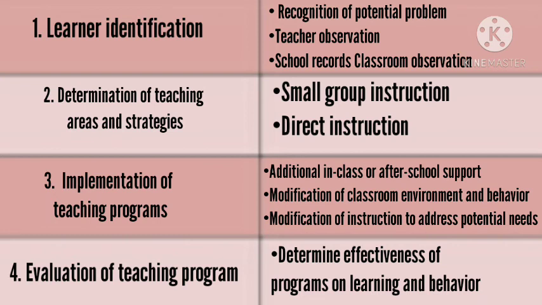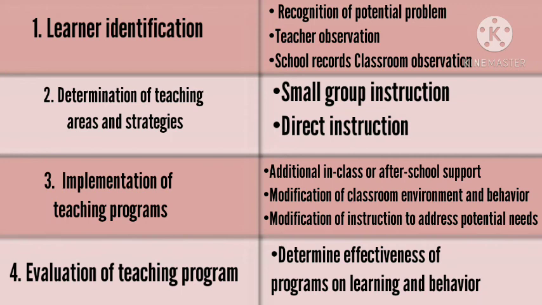And now you are going to have the implementation of teaching programs. This could be what you have planned with the pre-referral team to be implemented in the classroom. Additional in-class or after-school support, meaning you are going to provide additional education or practice for that child in order to support him or her.